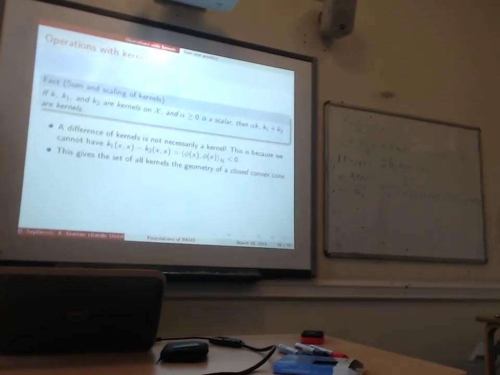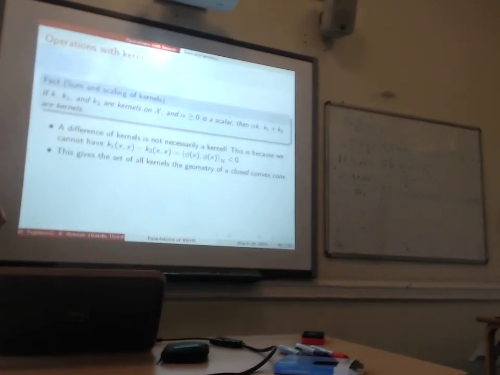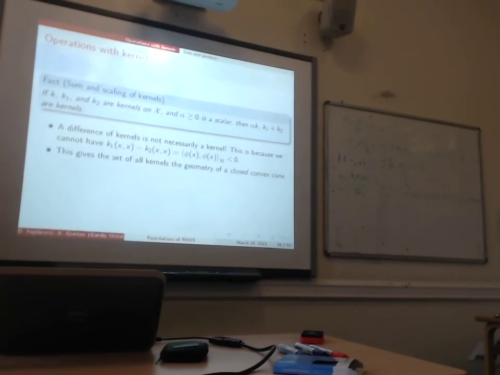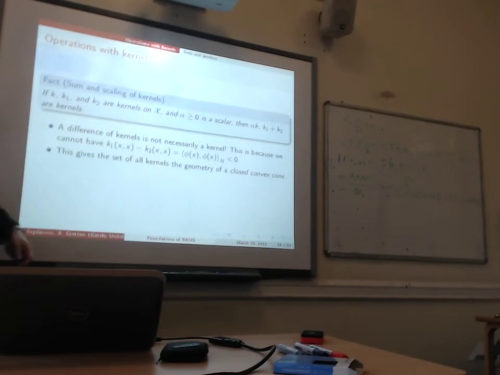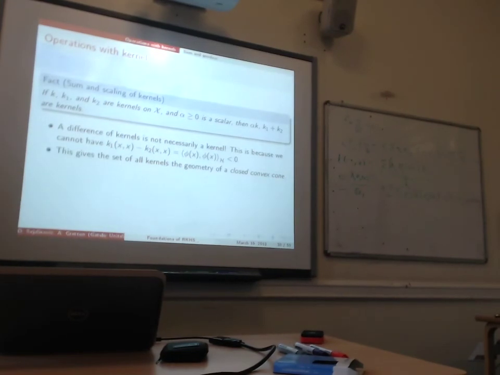A difference of kernels is not necessarily a kernel. This is just like saying you cannot multiply with something negative and then add them together. Simply because a kernel has to be representable as an inner product in feature space, so this k(x,x) is some kind of norm.